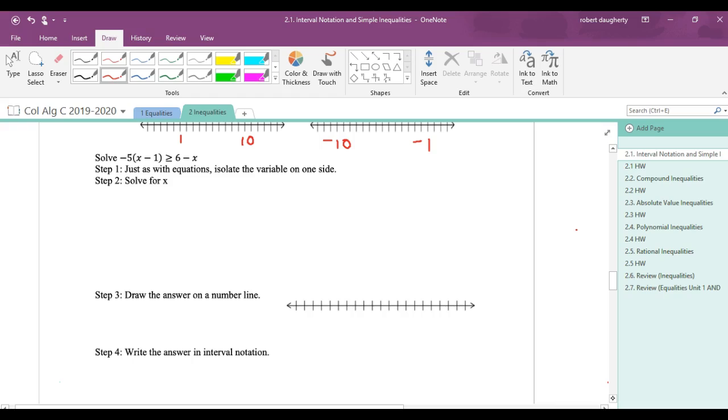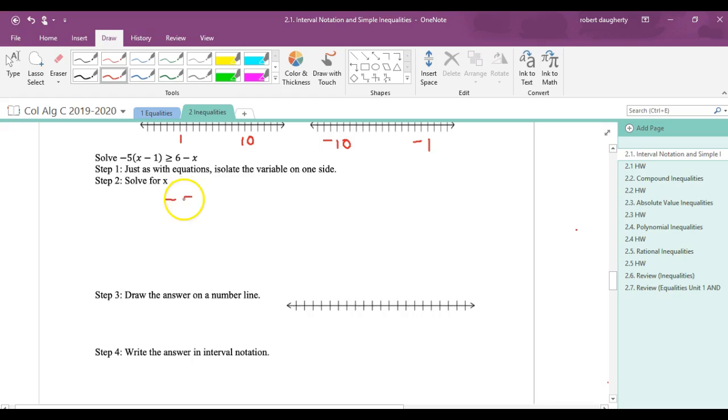If this were an equation, you would solve it by distributing, gathering your x's, gathering your numbers. We're going to do the very exact same thing here. We just have to be really careful. Anytime there's an inequality, when you multiply or divide both sides by a negative, you've got to switch the sign. Okay, so let's take this one and solve it.